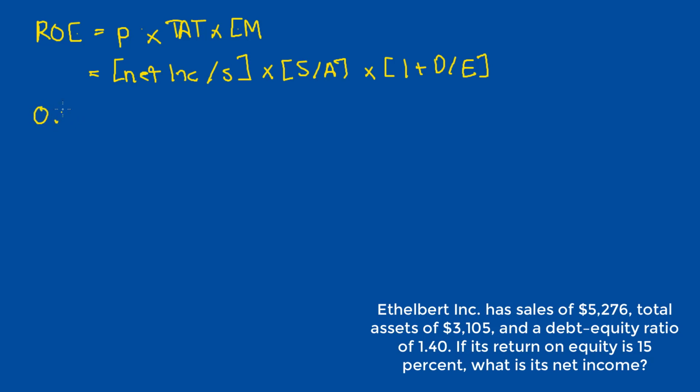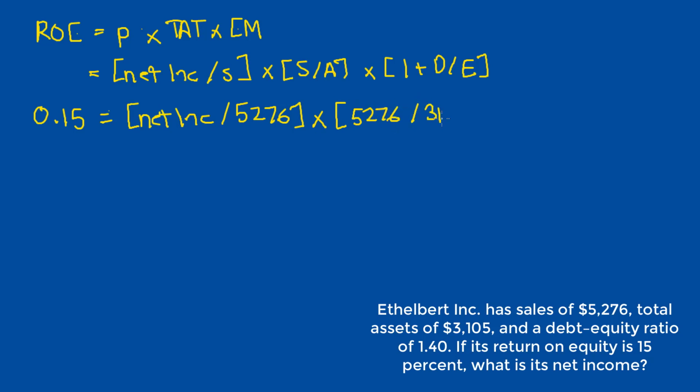So we plug in our values of 0.15 for return on equity is equal to net income, which we're going to leave as is because that's what we're looking for, over sales of 5,276, times 5,276 divided by 3105 for assets, times 1 plus 1.40.